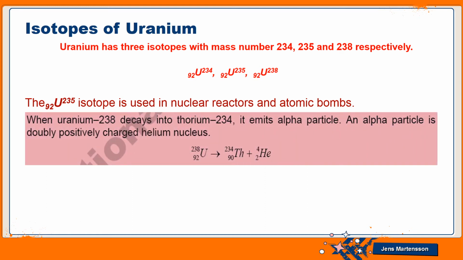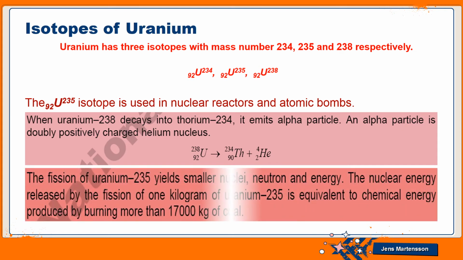Uranium 238 decays into thorium and emits alpha particles. It is the radioactive isotope of uranium 238. It emits alpha particles when it decays and transforms into the element thorium. And alpha particles, as I have already told you, are doubly positively charged and equal to helium nuclei.